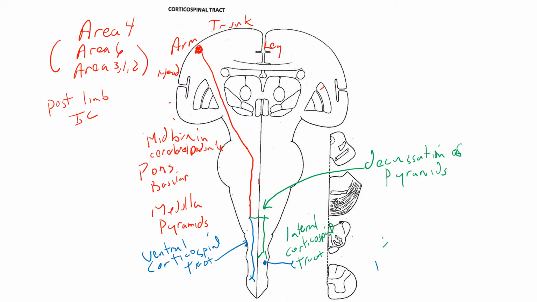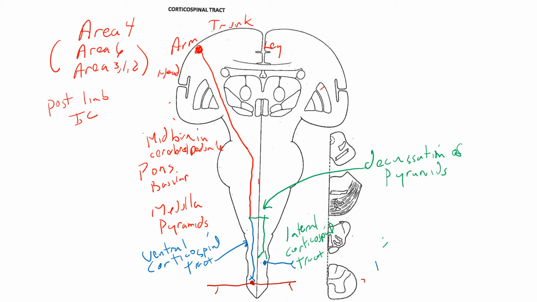And these fibers are going to stay on the same side, where at their proper spinal level, they are going to synapse, but now we're going to have a bilateral distribution of the nerve fibers. So notice that the lateral cortical spinal tract is going to stay on the opposite side, but only project to one side, whereby the ventral cortical spinal tract is going to come out and then go to both sides.